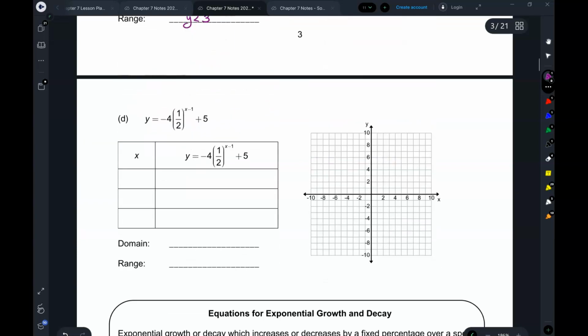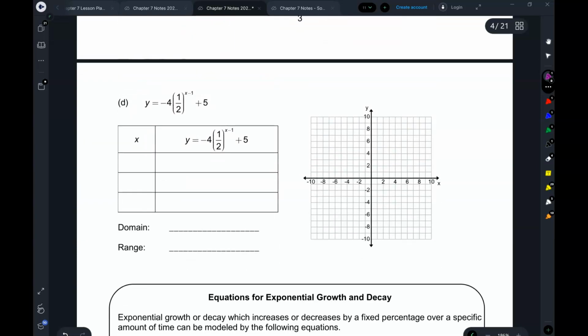All right. This next one, now we have a dilation as well. So let's pick negative 1, 0, 1. What's the asymptote now? y equals 5. This is also decay.